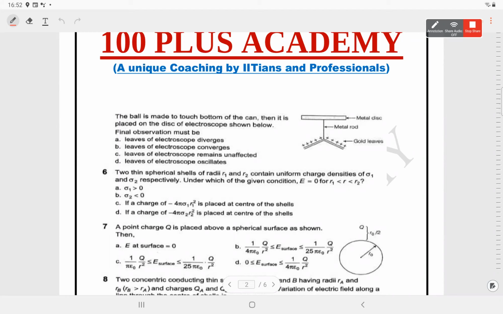Okay. So now it is kept on this gold leaf electroscope, which is as shown here in the diagram.